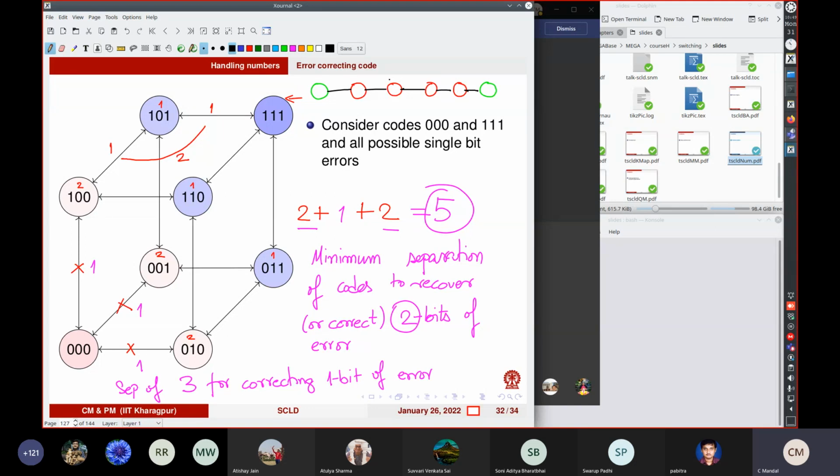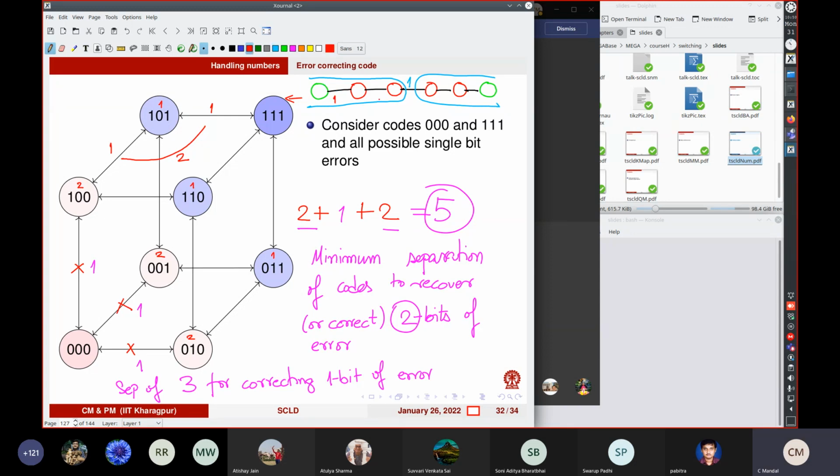All of these are associated with this code, and all of these are associated with this code, and this is the separation. 1 bit for separation, and you have got 1 bit.